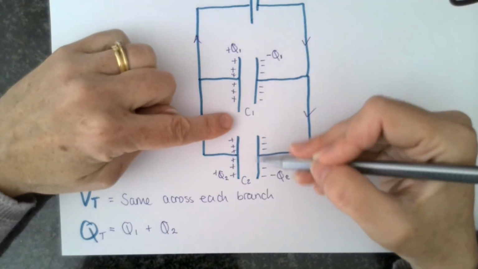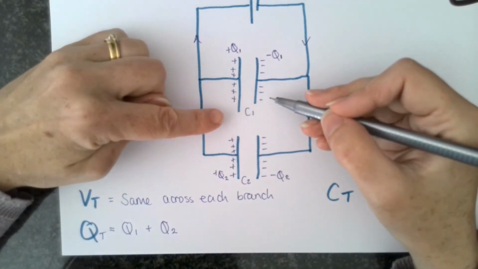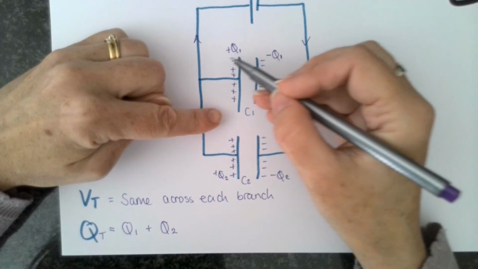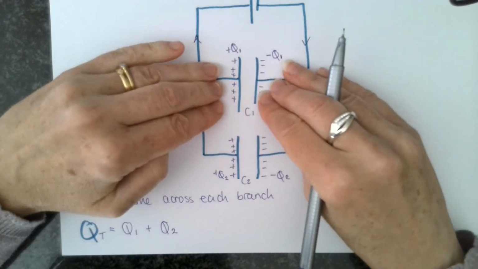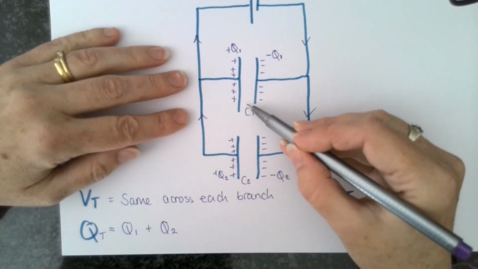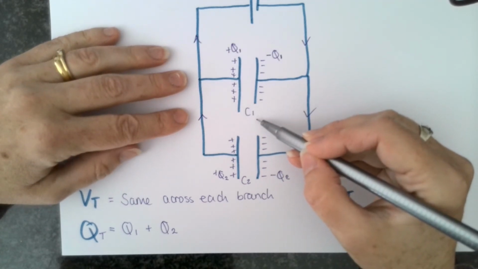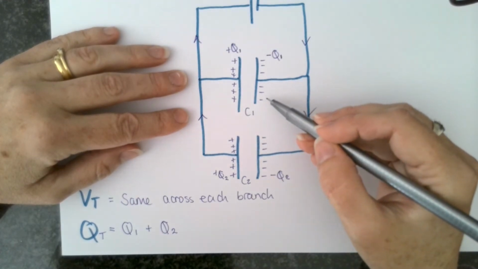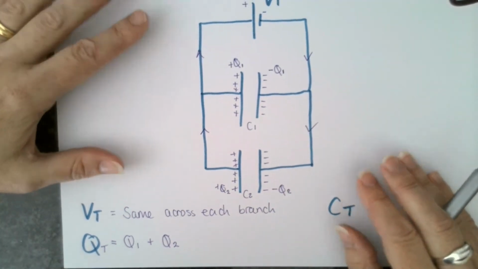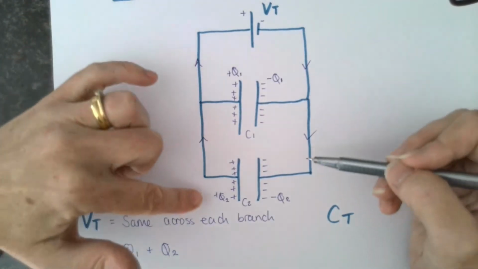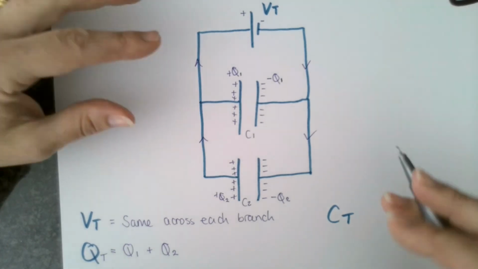Okay, but if they're different, then the amount of charge that has been transferred onto that capacitor and is stored in this charge imbalance, you would have to look at the value of the capacitance to find out what that was, because the value of the capacitance is going to control how much charge has been stored. Particularly in this situation, because the potential difference across each is identical, because we're in parallel.